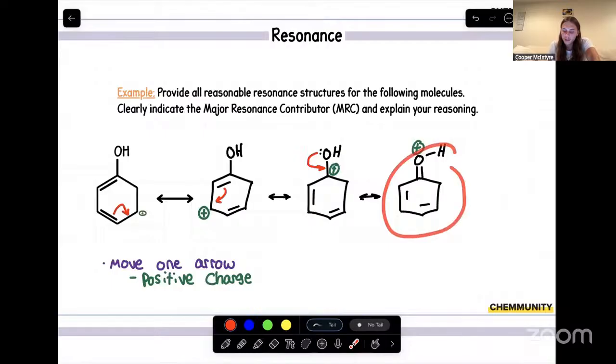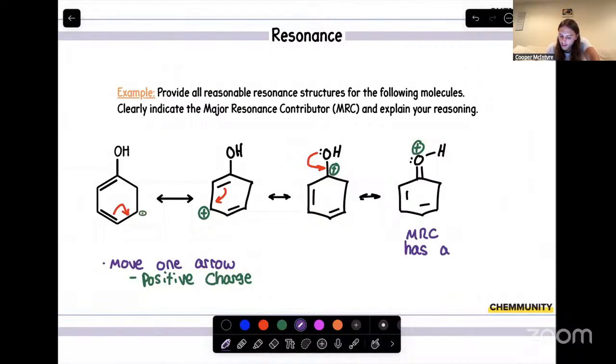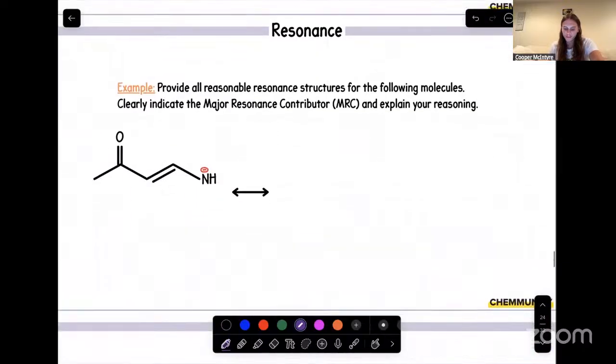As opposed to here, the oxygen still has a lone pair, and it has three bonds, so it still has the octet, which means it's happy. So this will be the MRC, as it has a full octet. Perfect. Sweet. And then we'll just keep on moving along.